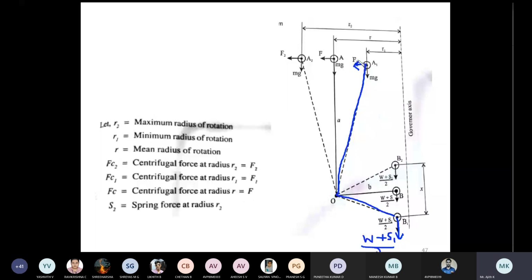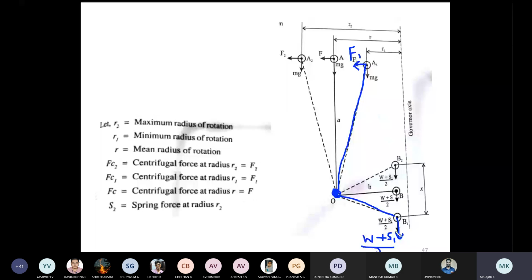And to calculate initial spring force S1, we have to take moment about pivot point. In every problem, you need not remember an equation to calculate S1 and S2.